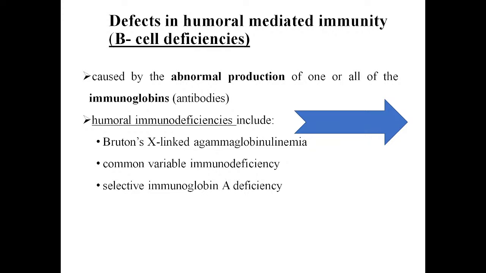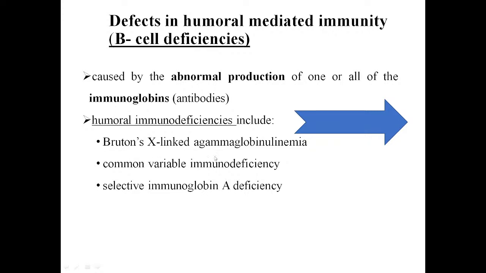Humoral immunodeficiency may include such diseases. These are Bruton's X-linked agammaglobulinemia, then common variable immunodeficiency, and the last one is selective immunoglobulin A deficiency.